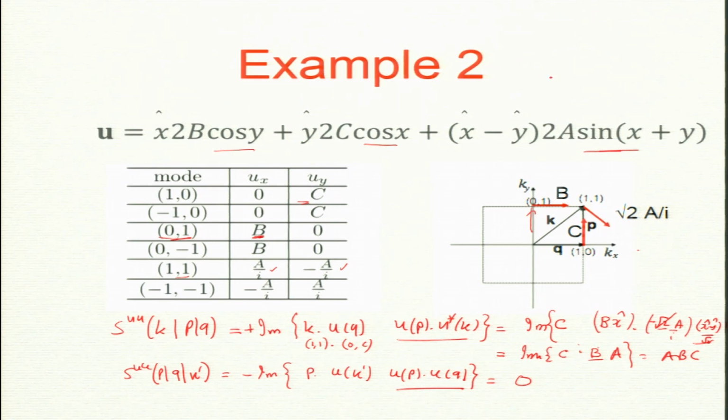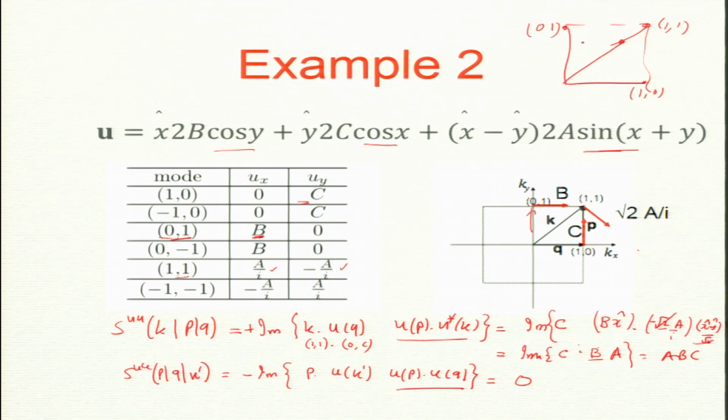In fact, you can also compute the other one. Let me draw this picture. This is 0 1, this is 1 0, and this is 1 1.